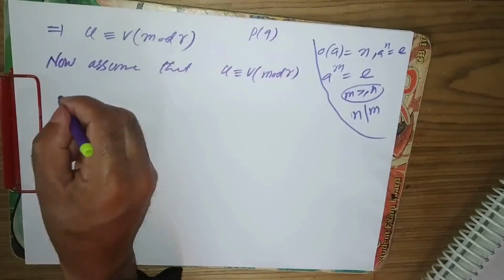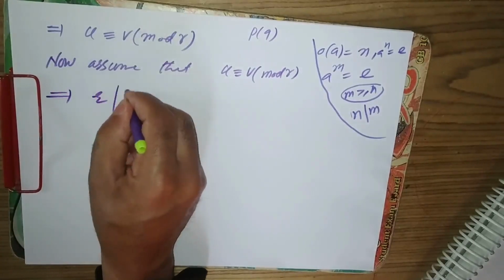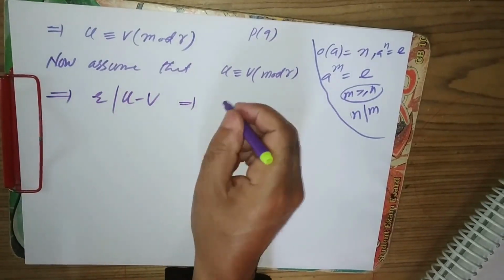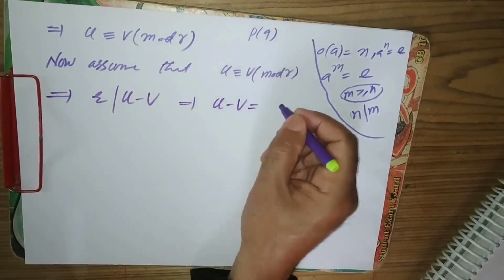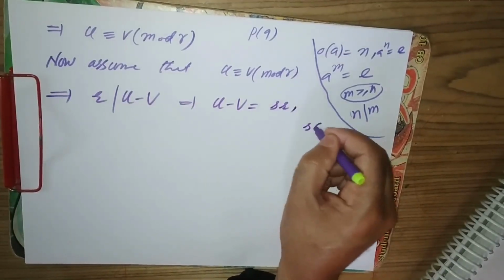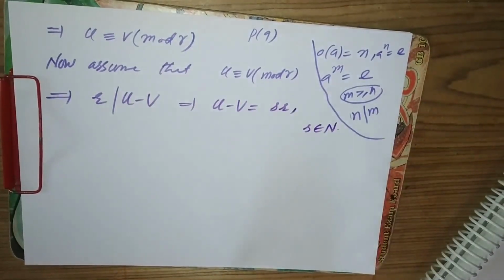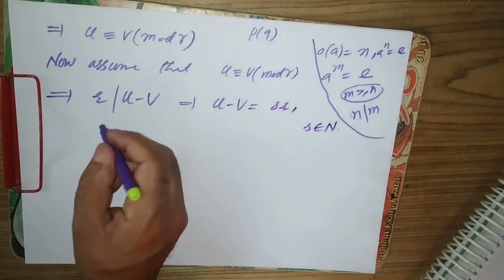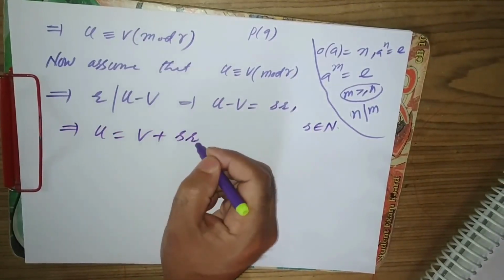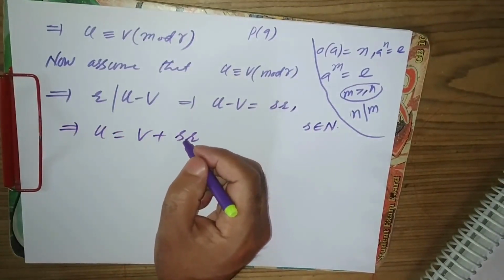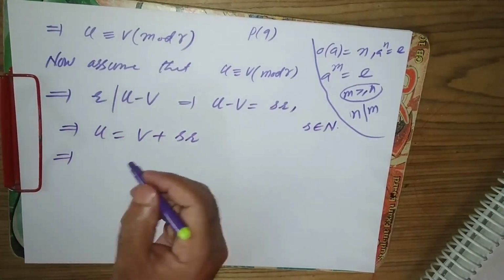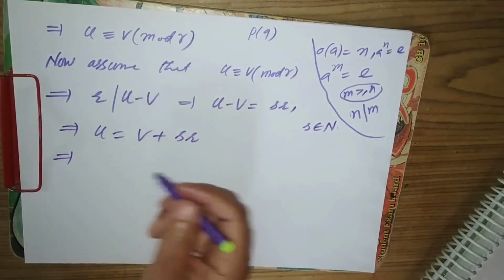So u is congruent to v mod r means r divides u minus v. So that means u minus v is equal to some integer s into r, where s belongs to N. So that means u is equal to v plus sr. Now we calculate A power m plus u.